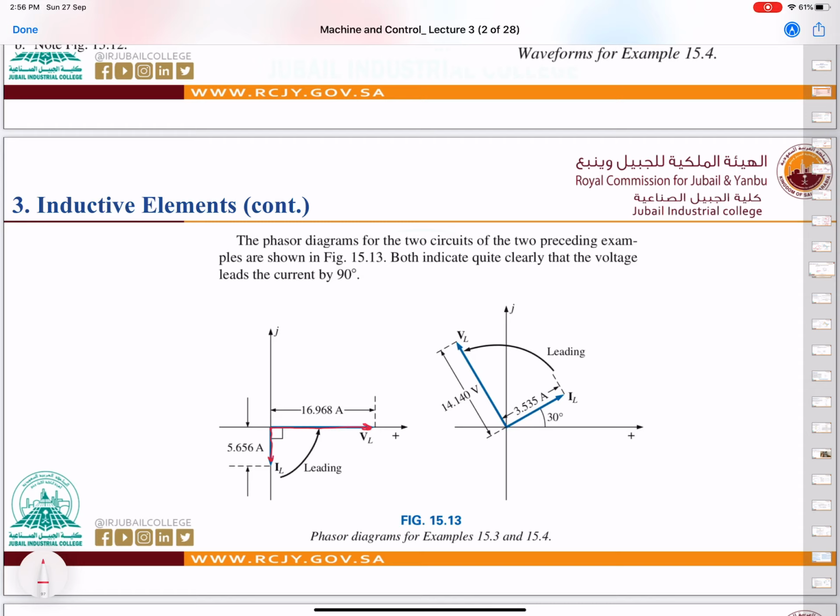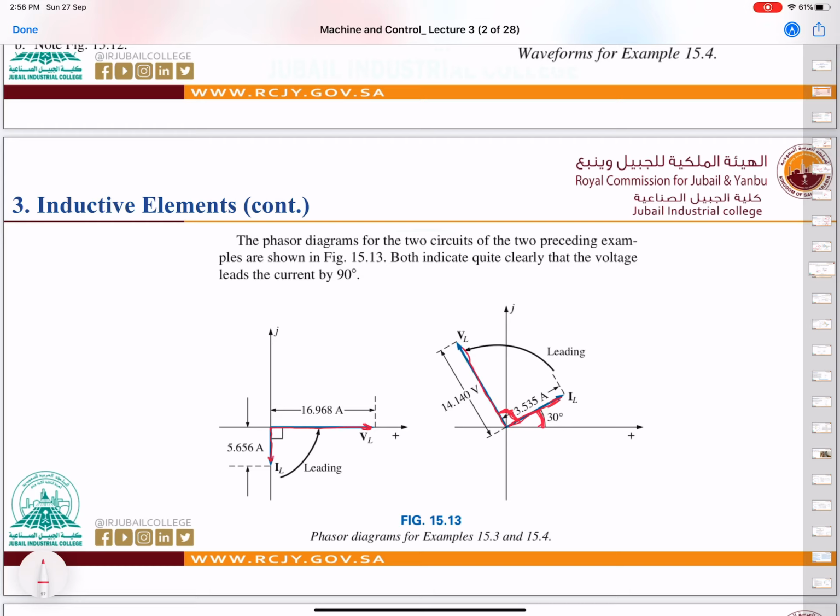Now for the second example, please see the second example to check. We have a shift for the current, which is plus 30, and we know that the angle between the voltage and current should be a 90 degree shift. That's why the voltage is here.